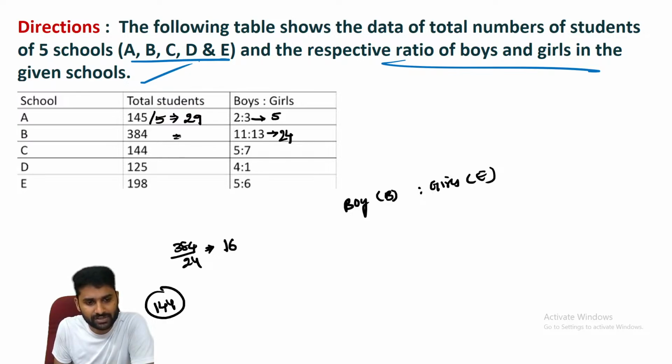Each unit is equal to 16. Again, 198 is divided by 6 units, so each unit is 33.